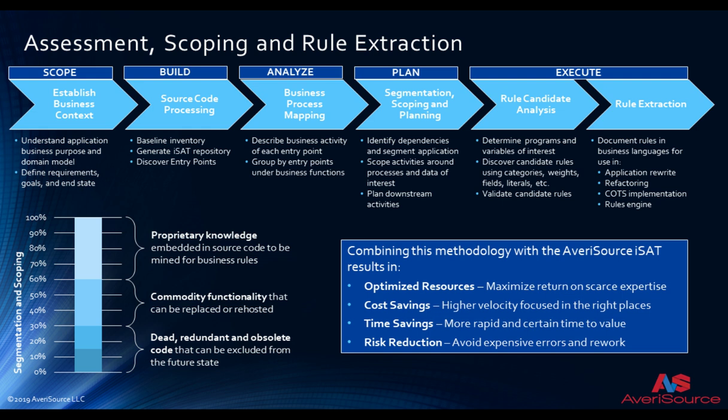So we tend to look at a methodology for approaching business rule mining and application modernization or digital transformation initiatives. It begins with defining the scope on what are the parts of the business that I want to look at, and then what are the legacy assets that are likely tied to that. We can then go through a build phase, which is where we build the ISAT repository.